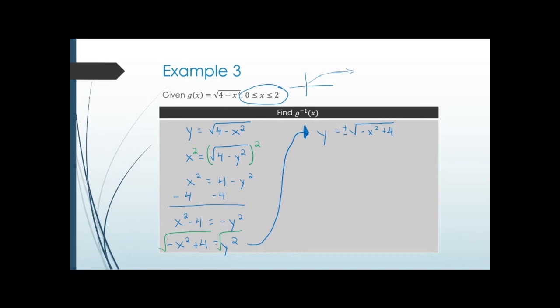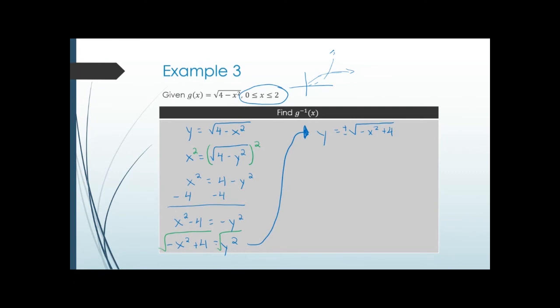So in order for this to be inverse, the inverse is a reflection, where it's going to look something like this. Basically, our x and y are flip-flopped. So if our x is positive here and our y is positive, when we flip-flop, we're still looking at the positive part. So we're going to want just the positive part of the square root.